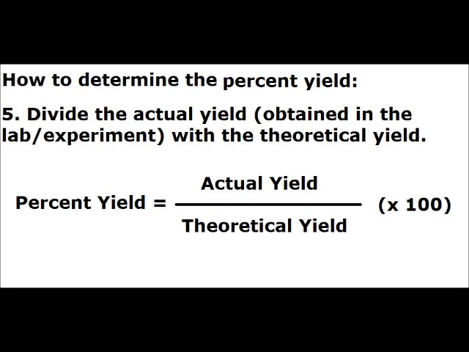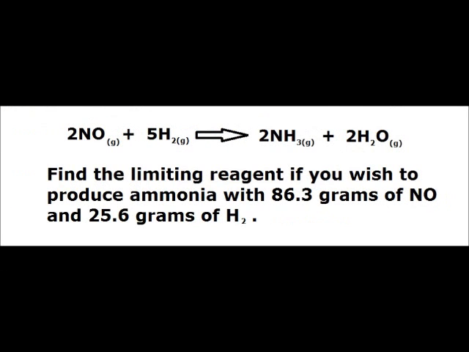So hopefully these 3 subjects make sense and you understand them. Here's an equation. I have nitrogen monoxide, and I'm going to react that with hydrogen gas in order to form ammonia and H2O. Now again, as I said before, I'm going to have these balanced, so they're already balanced here in this reaction that you see. And here's the question.